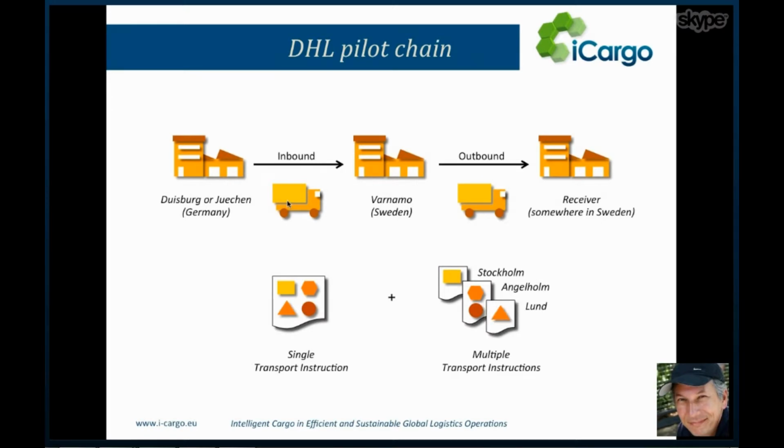Later in time, for the final leg, the outbound leg, other transport instructions are used to have more information about the final destination and the shipment to Stockholm or Lund, for example. What I try to explain here is that we have a multiple event situation where information is provided in parts and at different times.